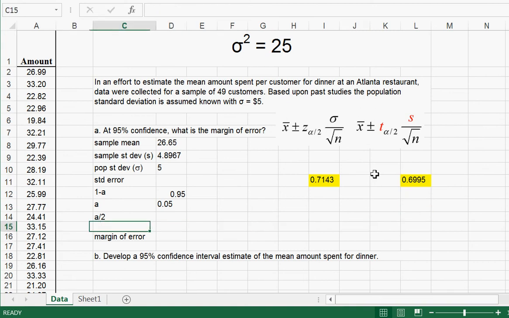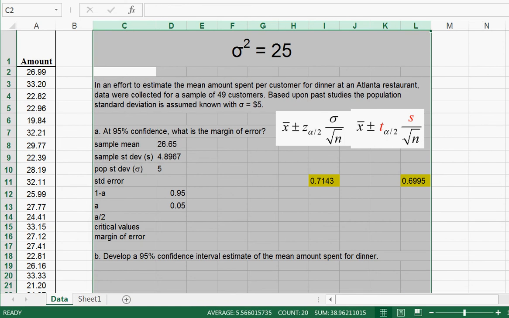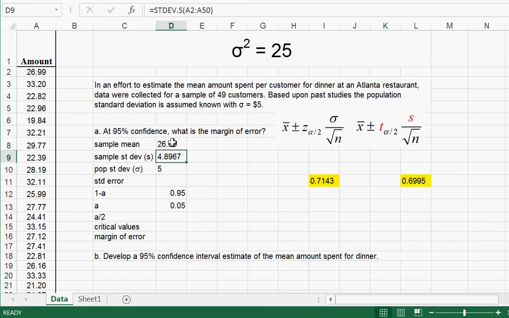Now I'm going to write critical values here. Oh, sorry. I forgot to divide alpha by 2. So we have to divide the alpha by 2, right?